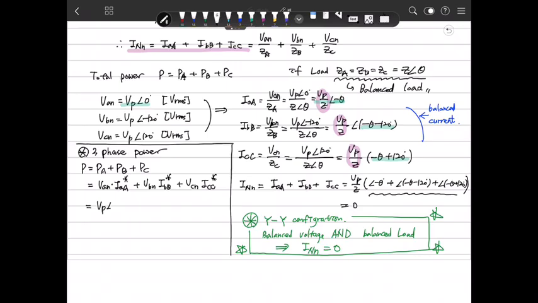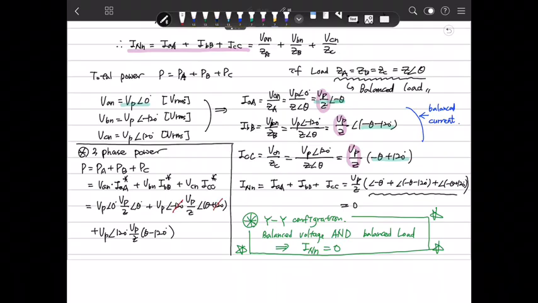Therefore, it's VP at 0 degrees and I is (VP/Z) conjugate theta, plus VB is VP at minus 120 and I is (VP/Z) conjugate theta plus 120, plus VC is VP at 120 and I is (VP/Z) theta minus 120.